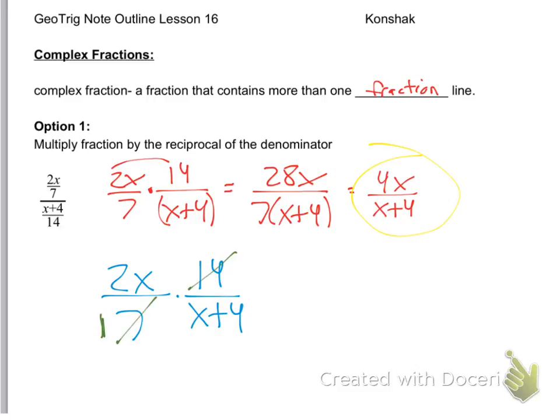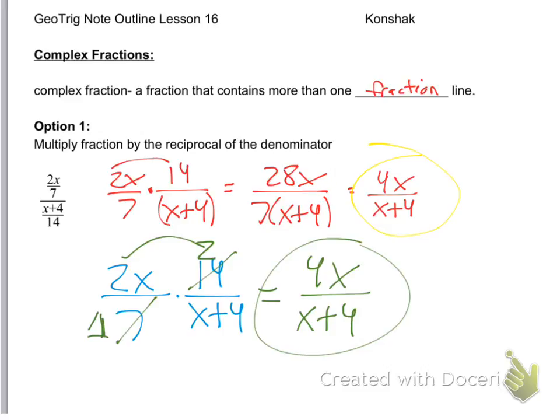And that makes it a 1, and this makes it a 2. And can I cancel anywhere else? No, the 2 and a 2 are on top, so they won't cancel, they'll combine. So we are done there, and then 2x times 2 is 4x over 1 times x plus 4 is x plus 4.